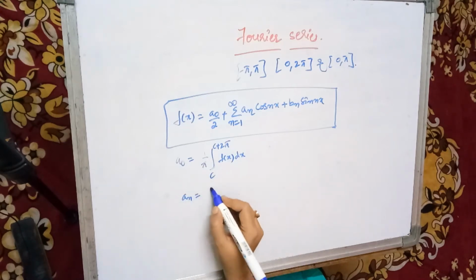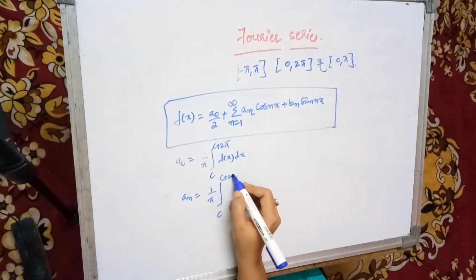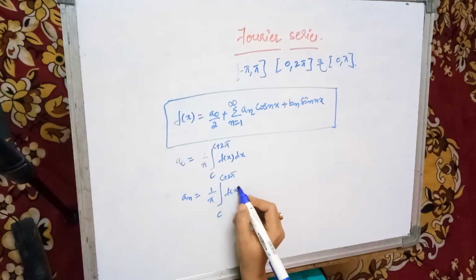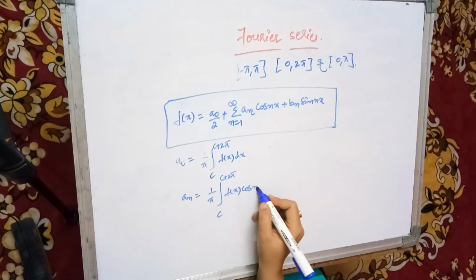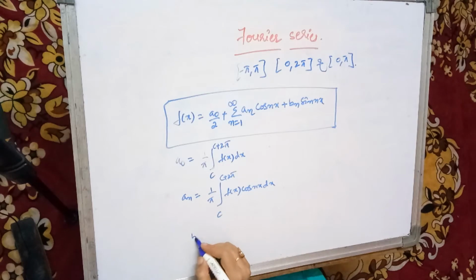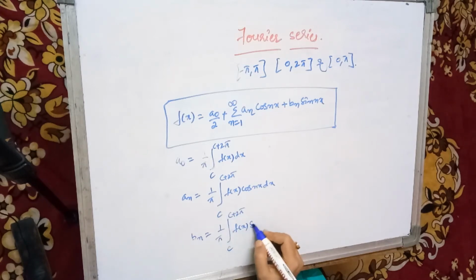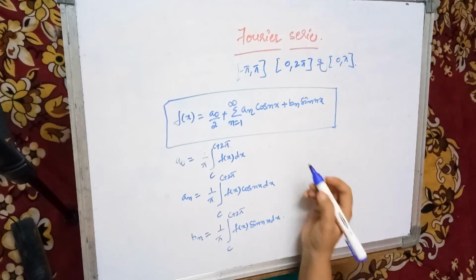An is equal to 1 by pi integrating c to c plus 2 pi f of x cos nx dx. And bn is equal to 1 by pi integrating c to c plus 2 pi f of x sin nx dx.